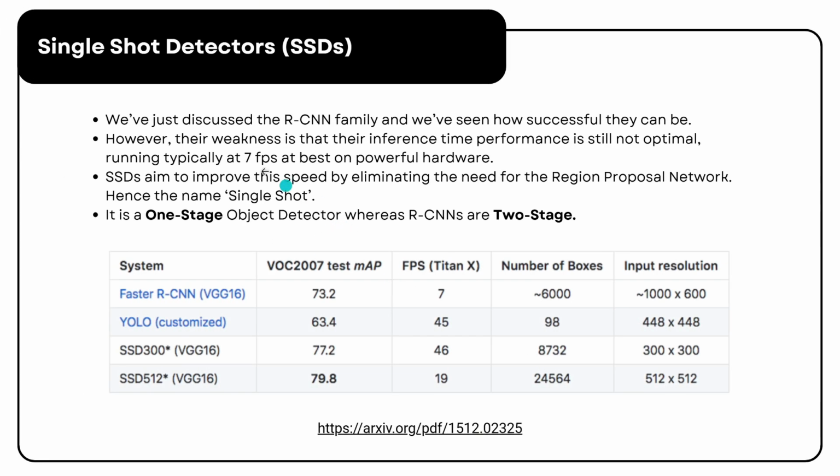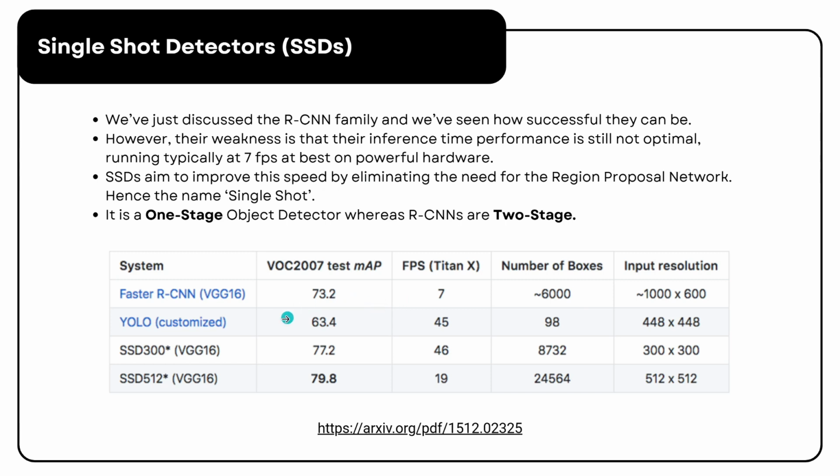Okay, so now we've explored the RCNN family, which has made major contributions to object detection accuracy. Let's address the main limitation, which is speed.